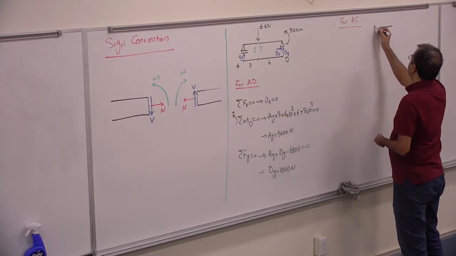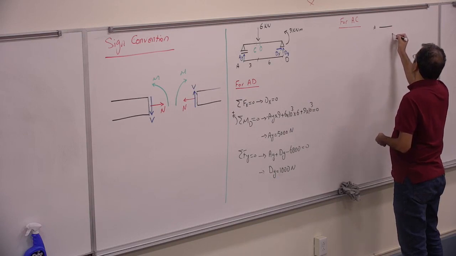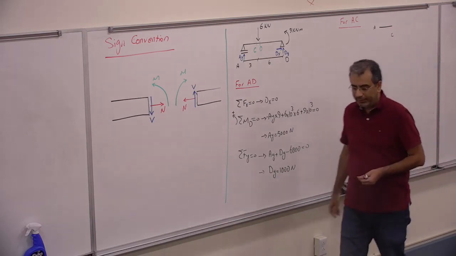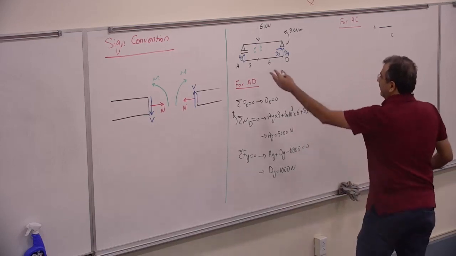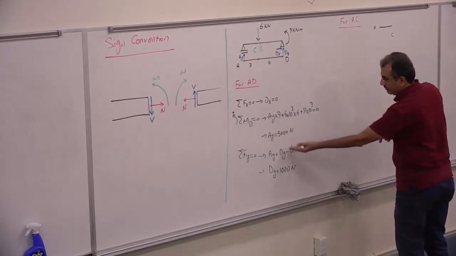This is point A, and this is point C. What I have there is AY, which is 5,000.